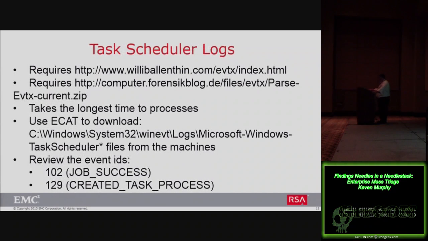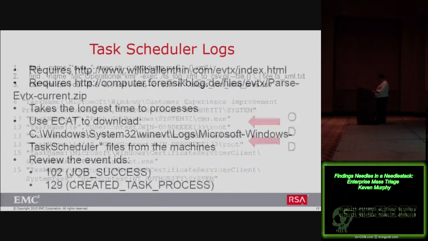Task scheduler logs. This is sort of the same thing, frequency analysis. I'm going to download all these, and then I'm going to process those using one of the 2 tools above it. And the only ones I really care about are job ID 102 and 129. I want to know if there was an accessible job or if there was a created task.